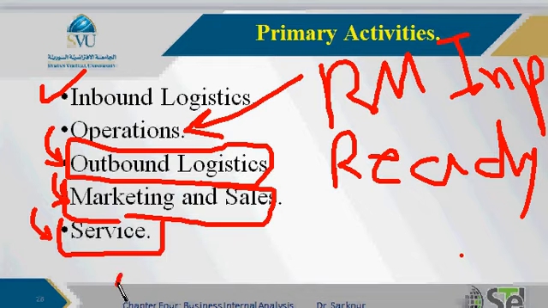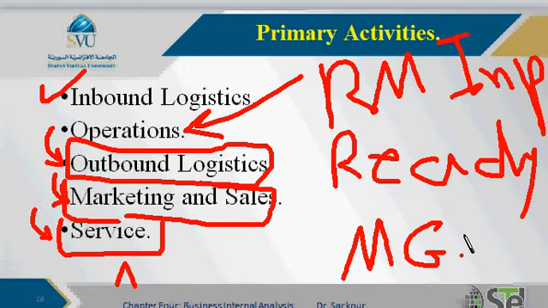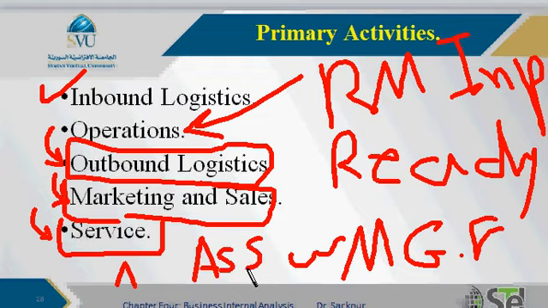And we have to use after-sales service. Let's say we are producing machines, cars, refrigerators, or washing machines, etc. All this needs after-sales service.